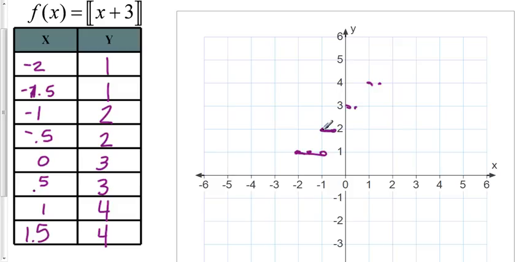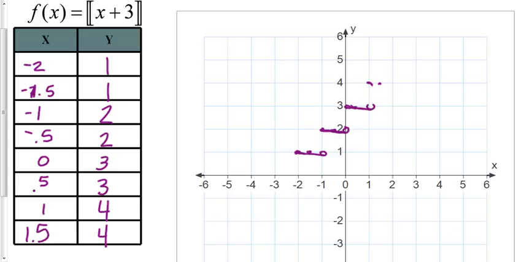This will be a horizontal line just going in between -1 and 0. Again, with an open dot once I get to 0, because at the moment that I plug in 0, my values jump up to 3. Anything that I plug in between 0 and 1 is going to give me an integer of 3. So I know that these values are on the graph.